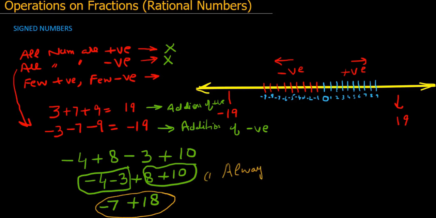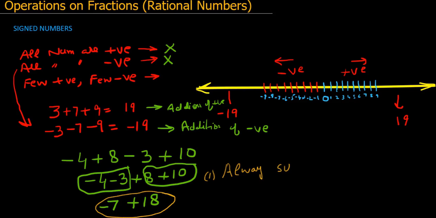First step, always subtract, because if both numbers have different signs, then this is a subtraction procedure. You can say that you are adding minus 7 and 18, but because there are only 2 numbers, and from class 1 we know that 18 minus 7 is a subtraction.